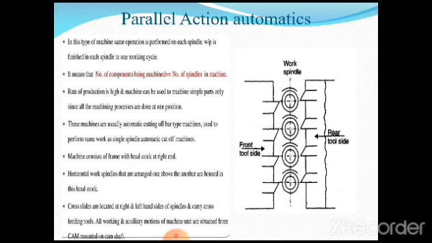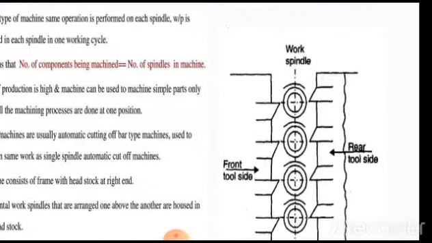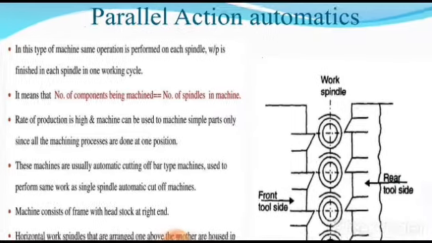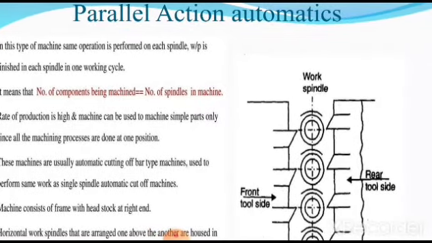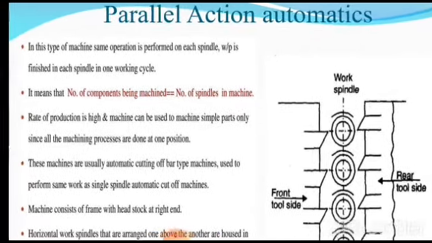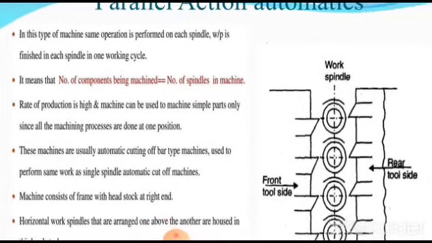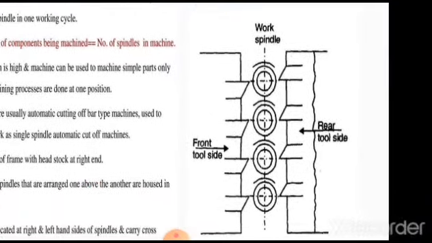Now let us understand how the parallel action automatic machining operation is going to take place. In this type of machine, the same operation is performed on each spindle. The workpiece is finished in each spindle in one working cycle. Try to understand here.